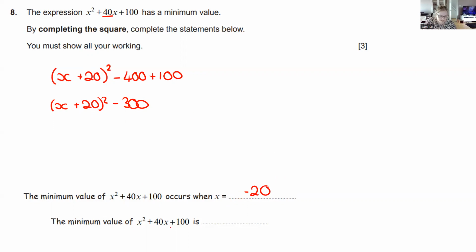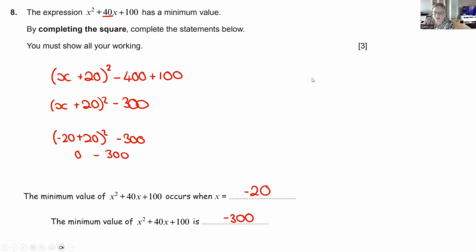And then the minimum value, well, that's going to be when x is 0, the minimum value of the actual brackets is going to give you minus 300. Because if we put in minus 20 plus 20 squared minus 300, that gives you 0 minus 300, and that's why. Hopefully that makes more sense.